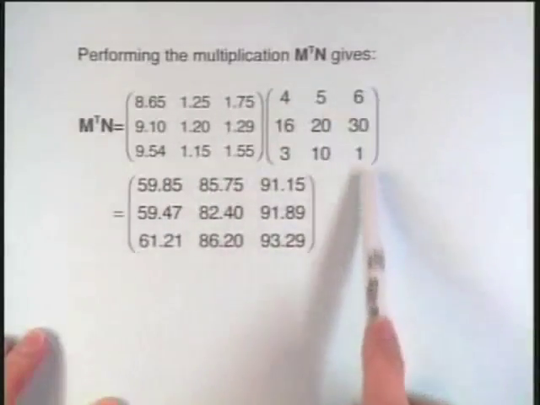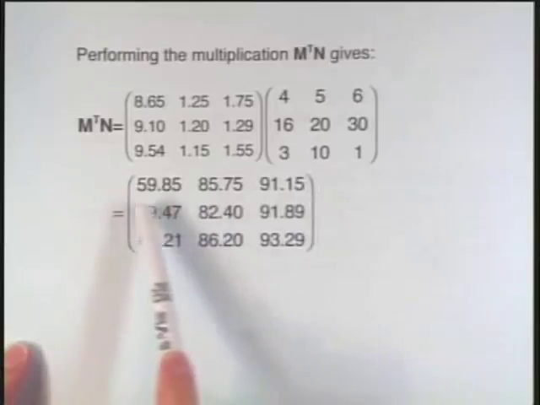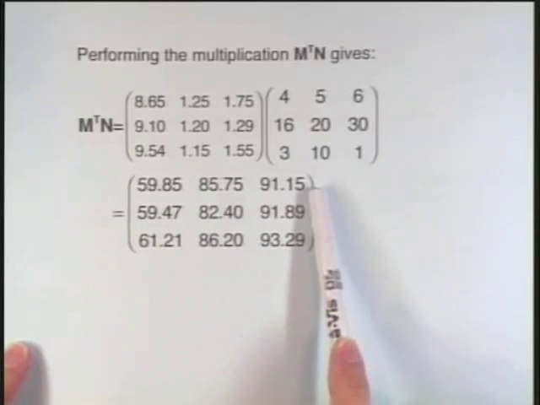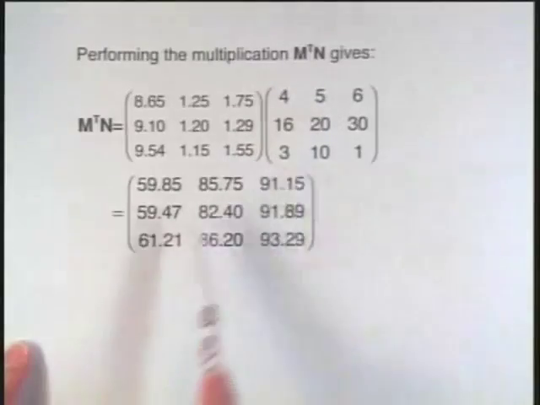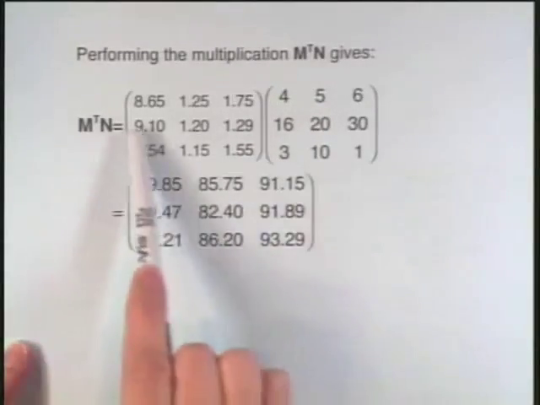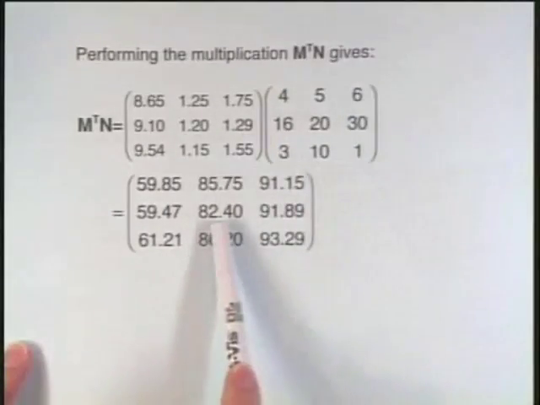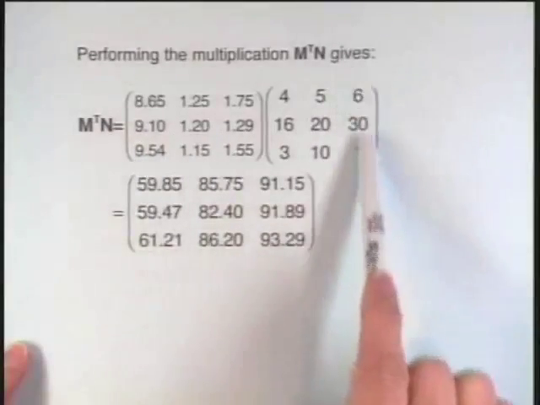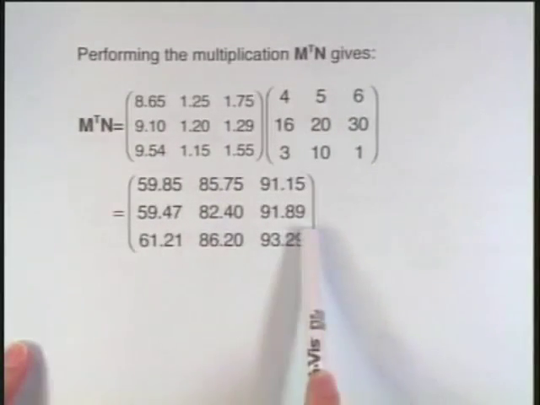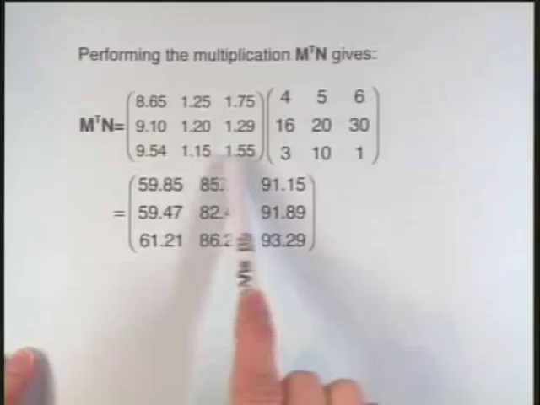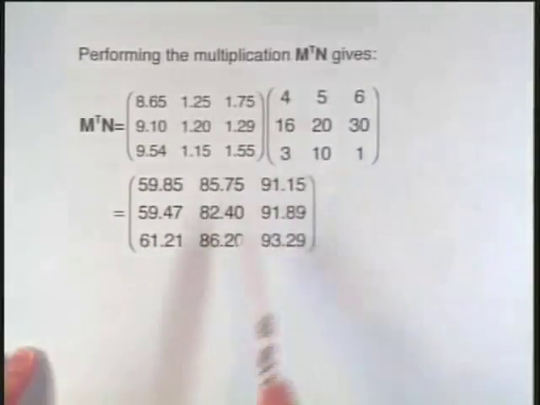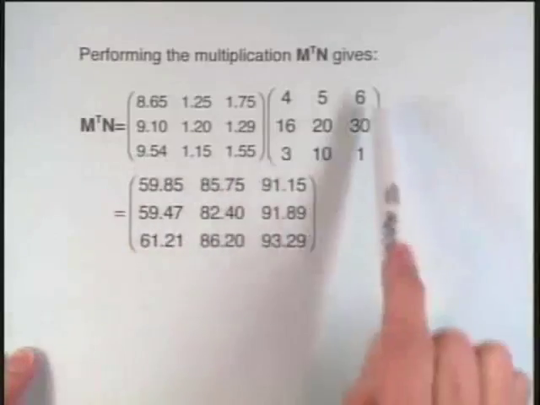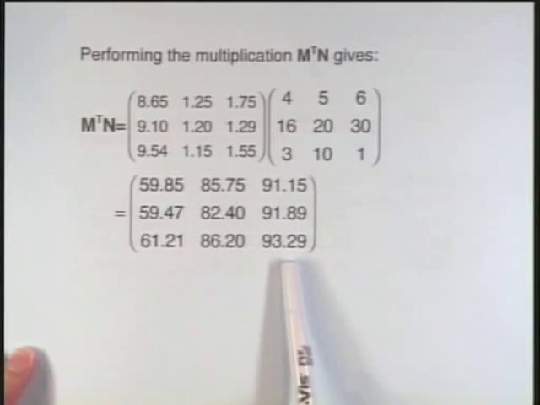First row by third column gives us the third entry, and that takes care of the first row. Multiply the second row times the first column, the second row times the second column, the second row times the third column gives us the second row. Multiply the third row by the first column, the third row by the second column, the third row by the third column completes the third row.